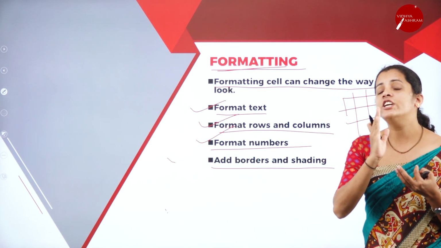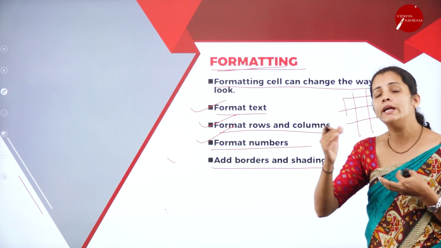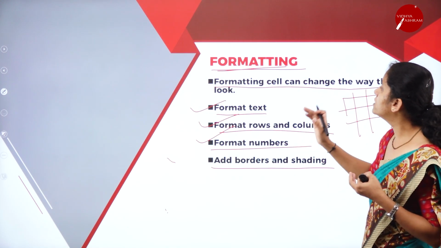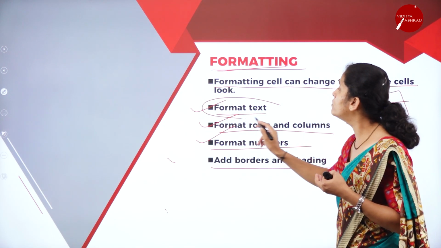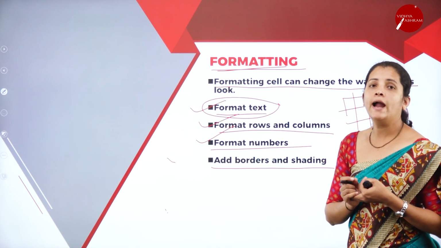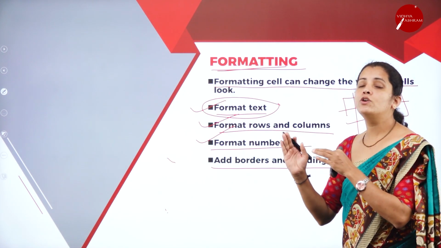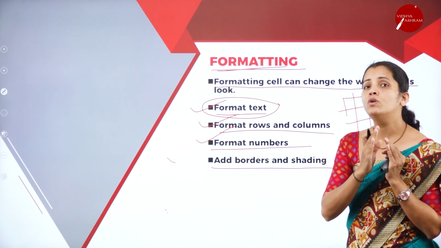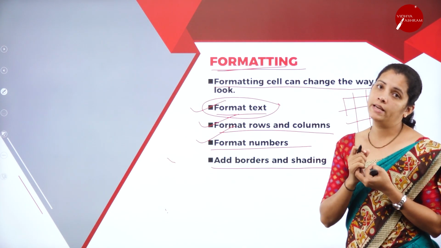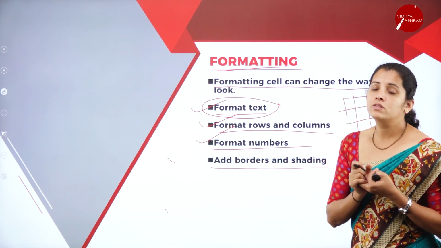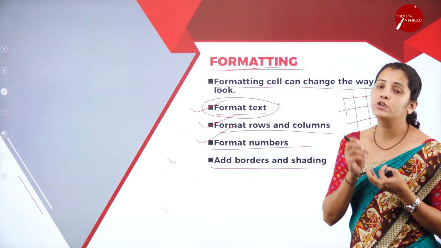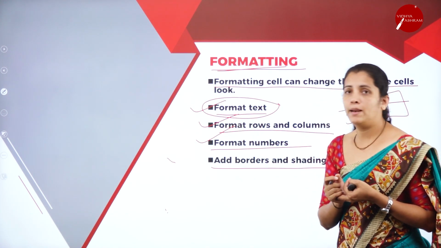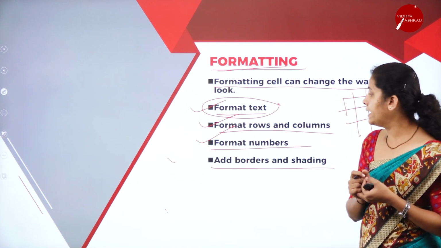And if I want to change the style of text into italic, then I have the option italic. So these are the ways you can format your text, and you can place your text at the left side of your cell, or towards the right side of your cell, or in the middle. That can be achieved with the help of format text.